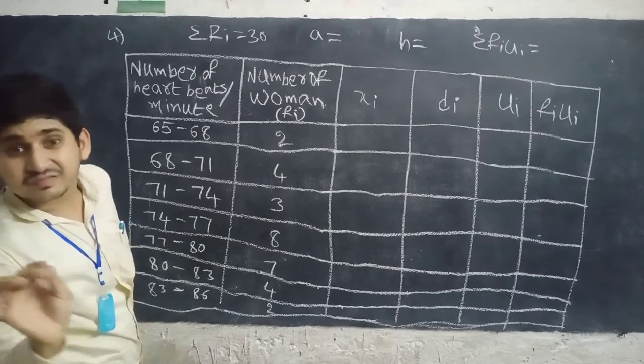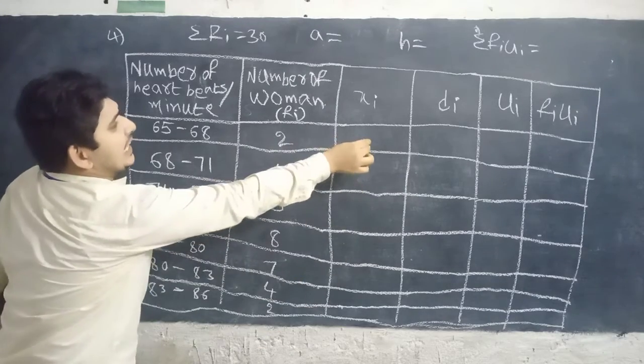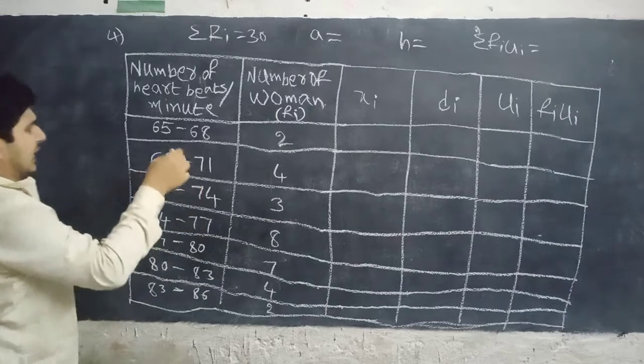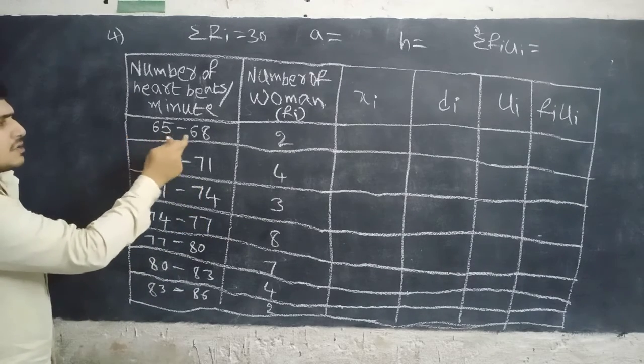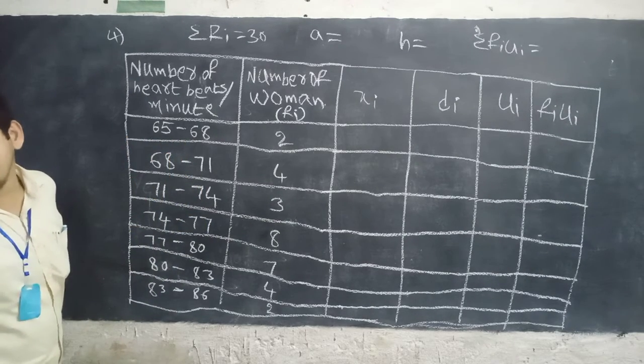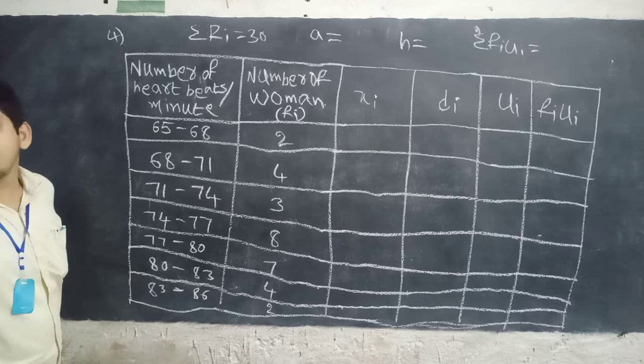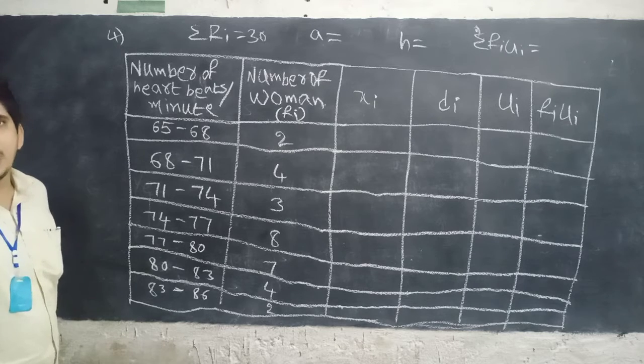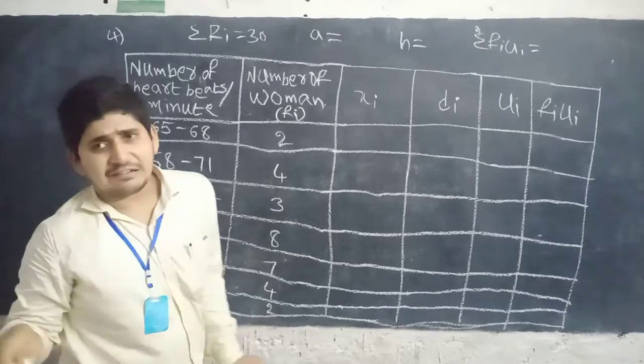Now, xi. I told you xi equals the lower boundary plus the upper boundary divided by 2. In the previous video I explained how to find the value of xi.